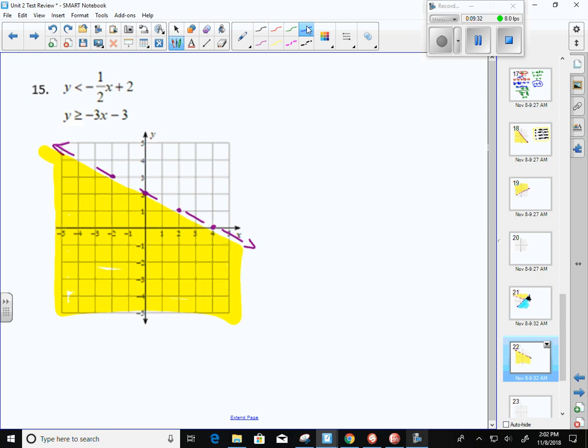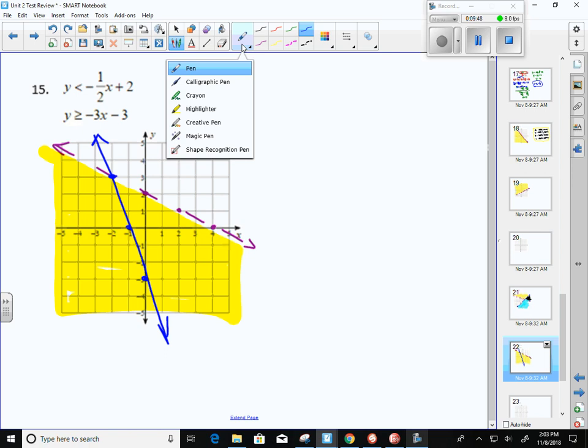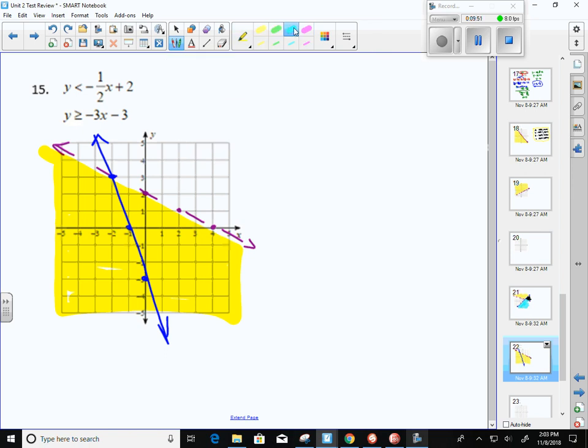Second inequality, y-intercept of -3, down 3 and over 1, but I can't do that, so I'm going to go up 3 and left 1. Solid line this time. And shading is greater than that line, so greater than would be this side.